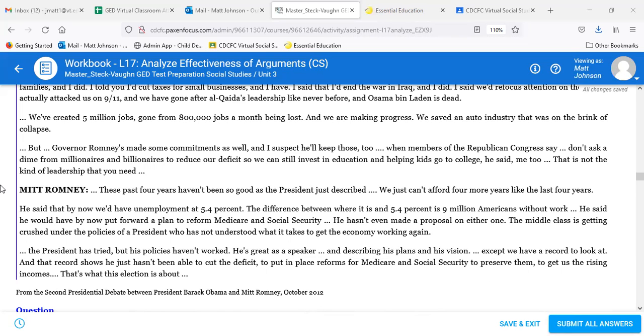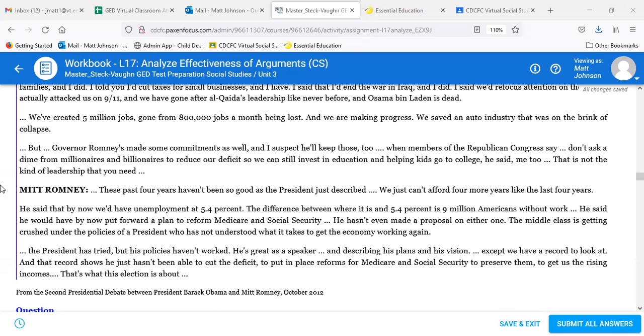He's great as a speaker describing his plan and his vision, except we have a record to look at, and that record shows he just hasn't been able to cut the deficit or put in place reforms for Medicare and Social Security to preserve them, to get us rising incomes. That's what this election is about.